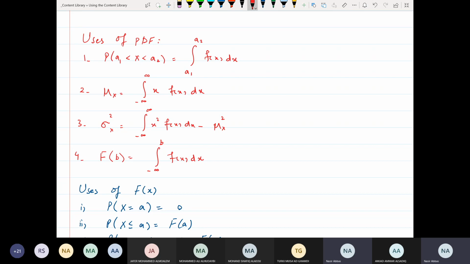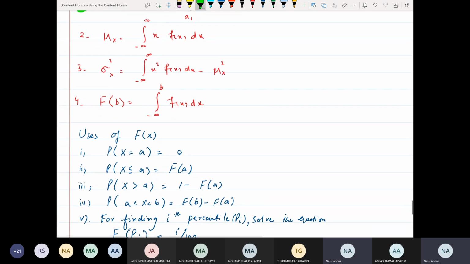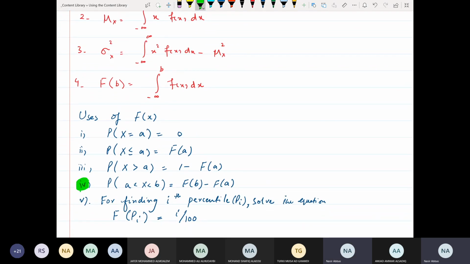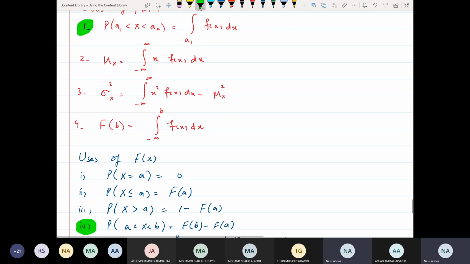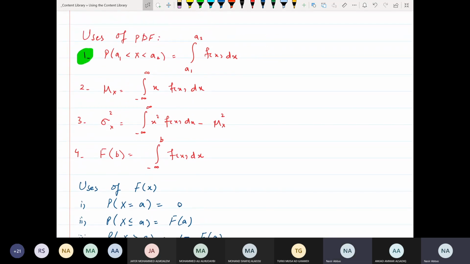Now, for the first purpose, you can use small f of x and capital F of x both. I'm going to highlight this one. For number one, you can use both. As you can see, I have written number 4 in capital F of x also. For number 2, you cannot use capital F of x.